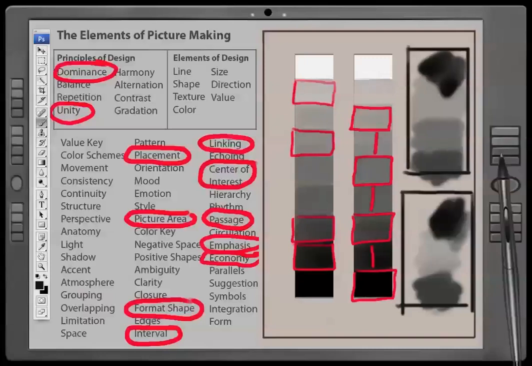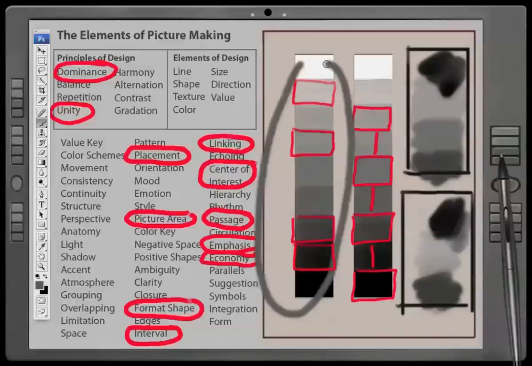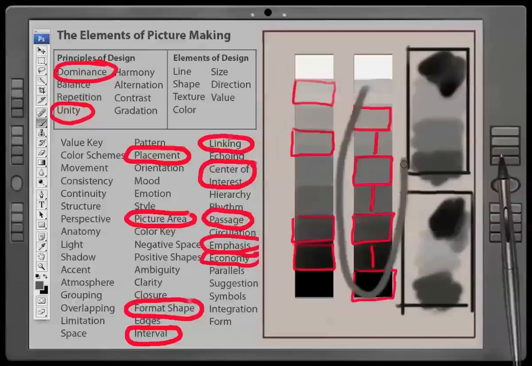Which do you think is more interesting? Which holds your attention more? I think this is more interesting. There's more variety in terms of different degrees of value contrasts, which is what the irregular intervals of space give you compared to this one here.